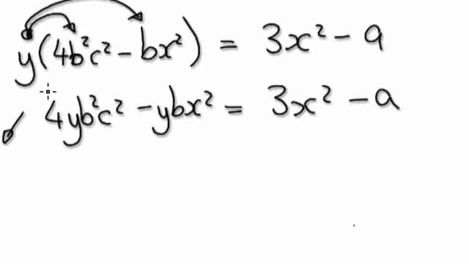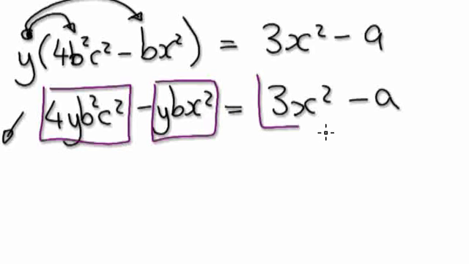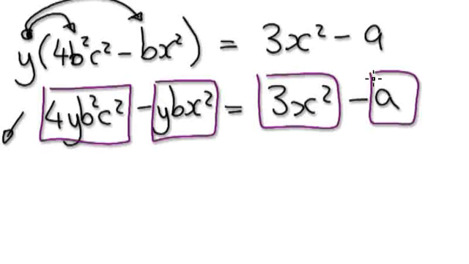So here, now visualize it as one. You've got this block, take away this block equals this block, take away this block. Get all the x's on one side. So here you've got x here. Get this block across to the other side. So add this block to both sides.